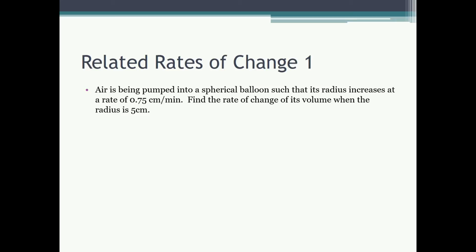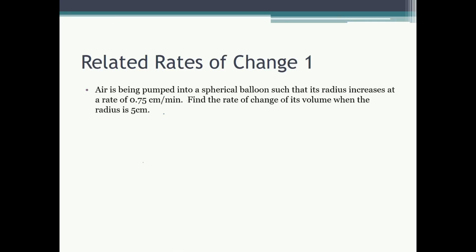So what we have to work out is some sort of relationship between the rate of change of the radius and the rate of change of the volume. That's the goal. So generally speaking, similar to the optimization problem I talked about before, you'll nearly always in these sorts of problems be given some specific information, and that's usually where you start.